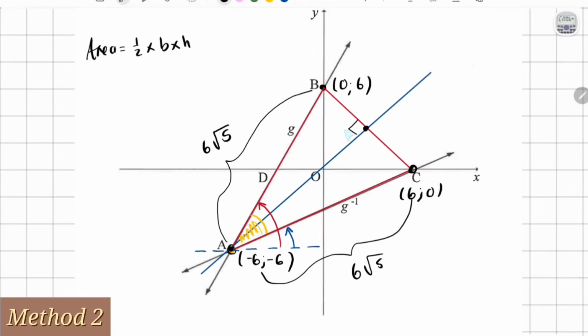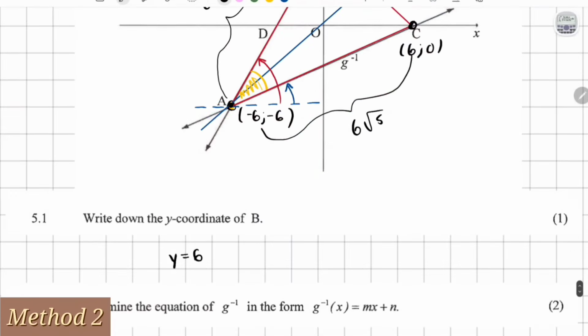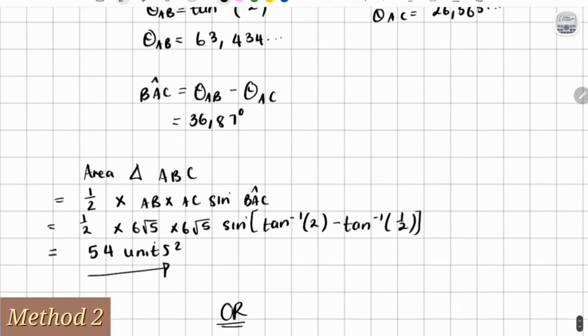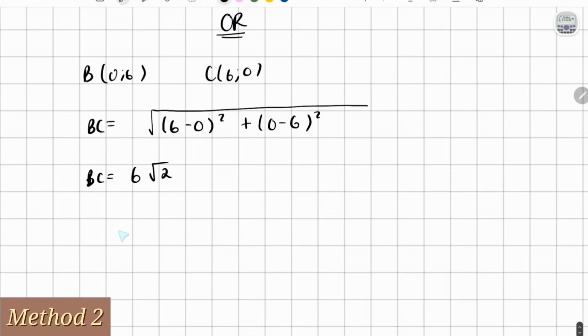To find the height, remember the midpoint of BC is going to be this point that we have over here. So let's just find that midpoint. Finding the midpoint of BC now. We're going to find this by saying x1 plus x2 over 2, so that's 0 plus 6 over 2, and then y1 plus y2 over 2, so that is 6 plus 0 over 2.